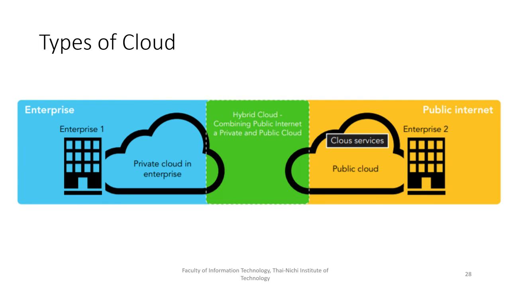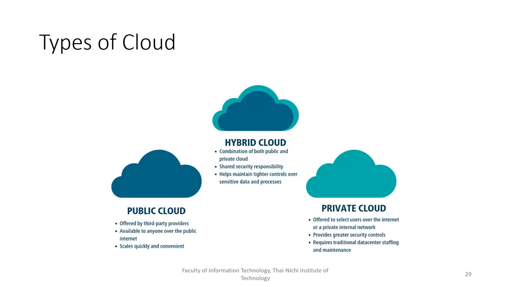And now we see the types of cloud. We have the enterprise using the private cloud, or the public cloud, or even a mix of both private cloud and public cloud, which we call the hybrid cloud. The public cloud is offered by third party providers.